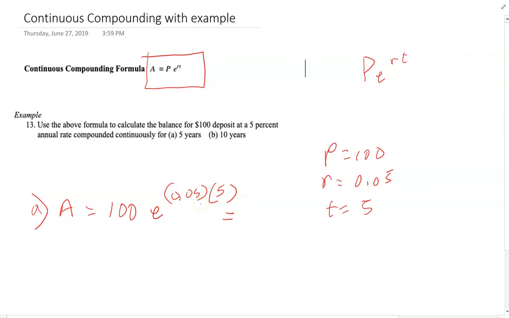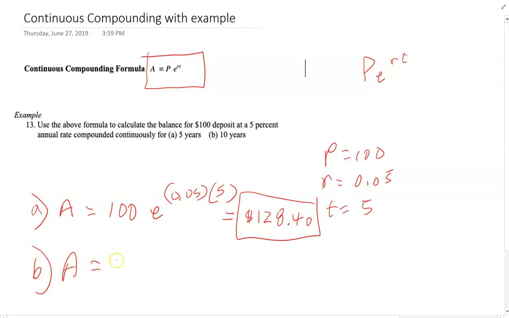We plug that into your calculator, and you will get $128.40. Here for part B, for 10 years, we follow the same rule, except instead of 5 we'll have T equals 10.